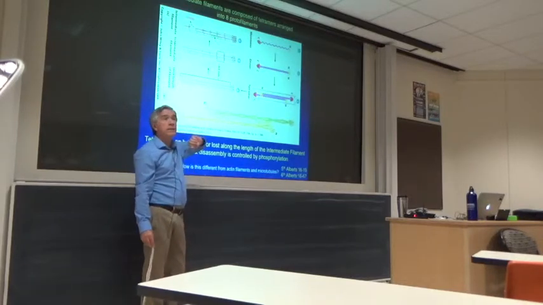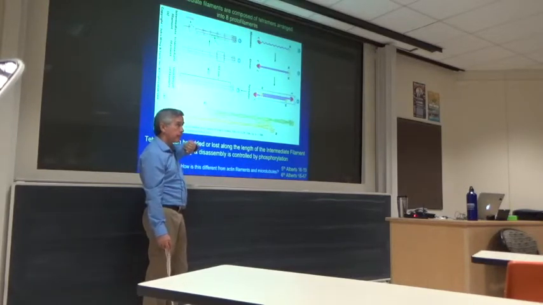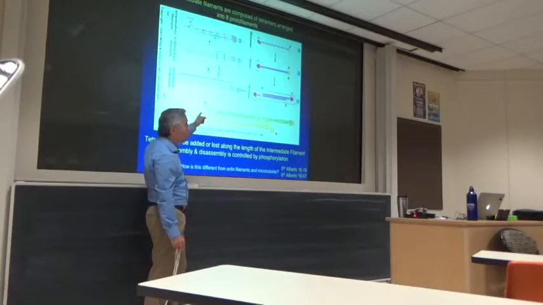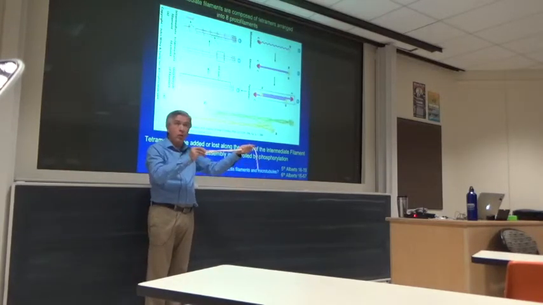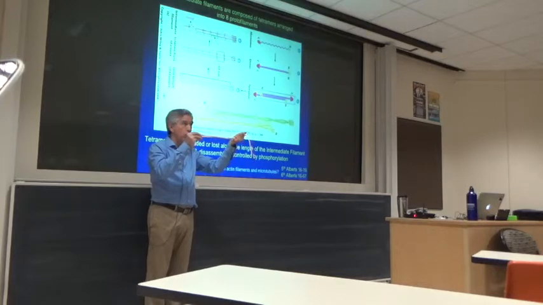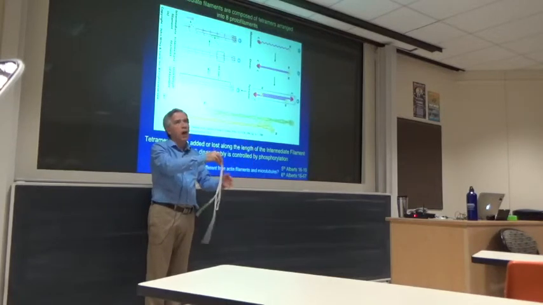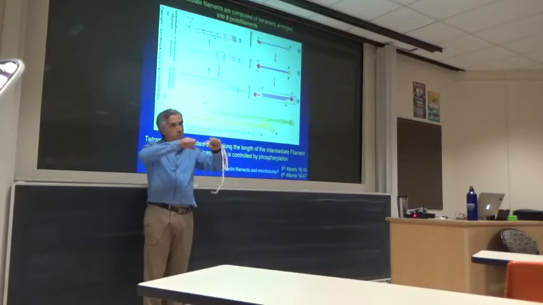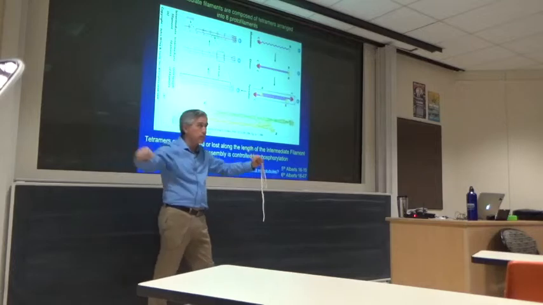So intermediate filaments have 8 protofilaments, unlike actin, which has 2. And the protofilaments are rows and rows of those long tetramers. So essentially what you're putting is long little ropes on top of long little ropes, making even longer ropes.